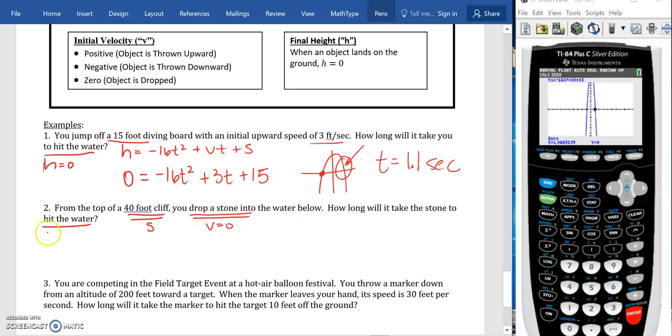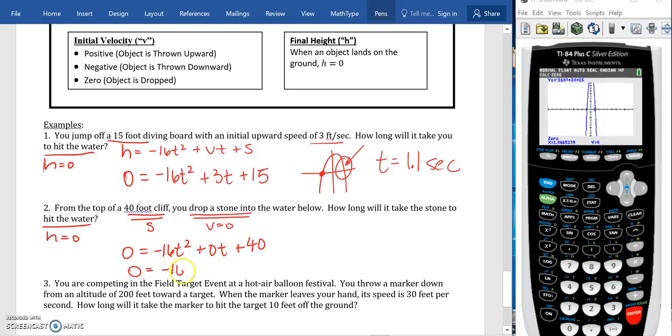Well, that's the ground, so that's h equals 0. So when I set it up into our model, it would be 0 equals negative 16t squared plus 0t plus 40. And if you're thinking, do I need to write 0t? Nope.